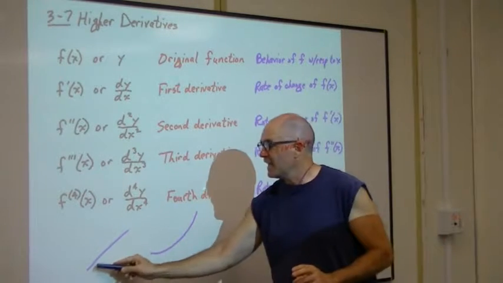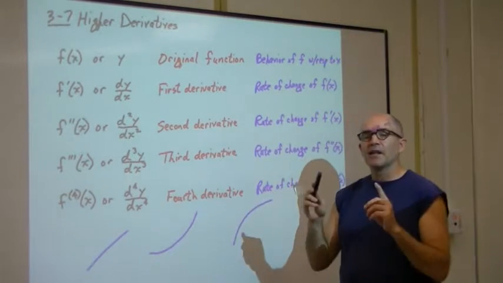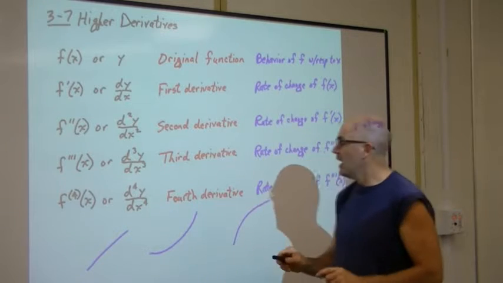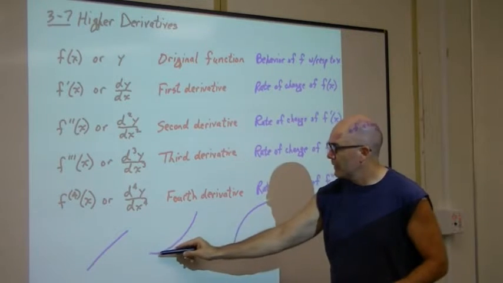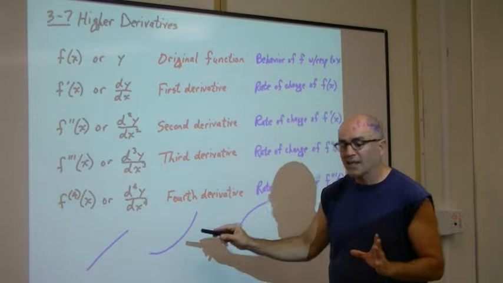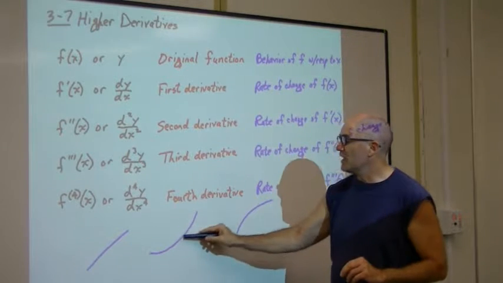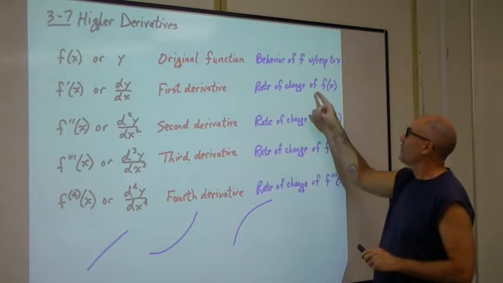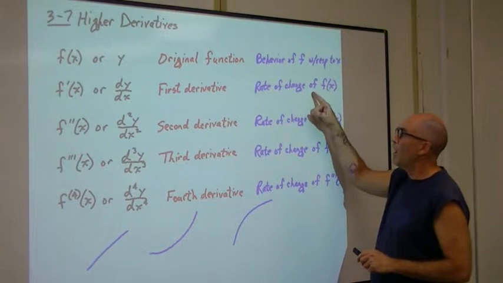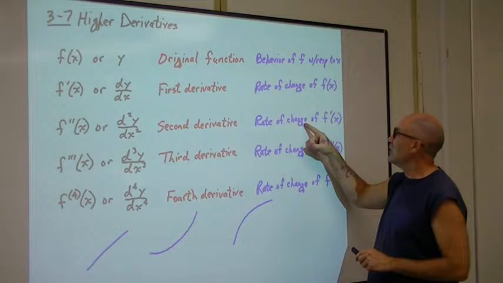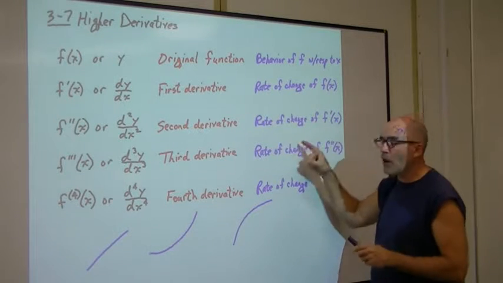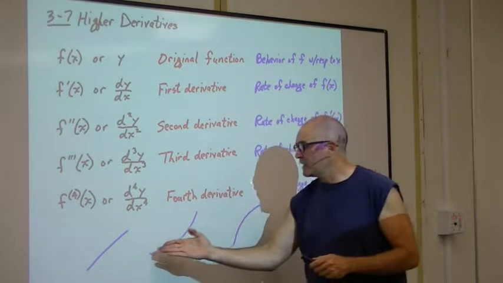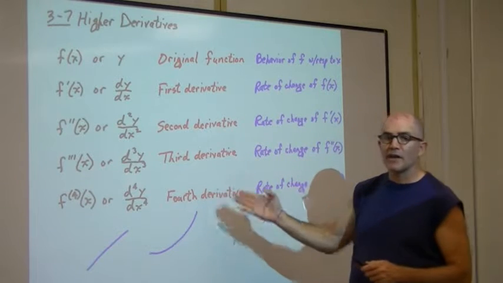So this is a linear increase. Second derivative is 0. Now, this is an increase, but it's not linear. It's increasing at an increasing rate, which means the first derivative is positive. The second derivative is positive also, because it's going up faster and faster.